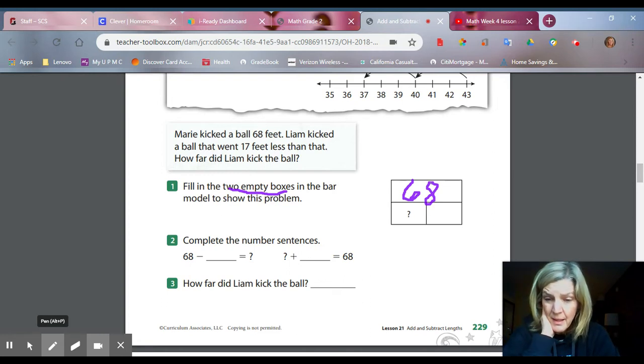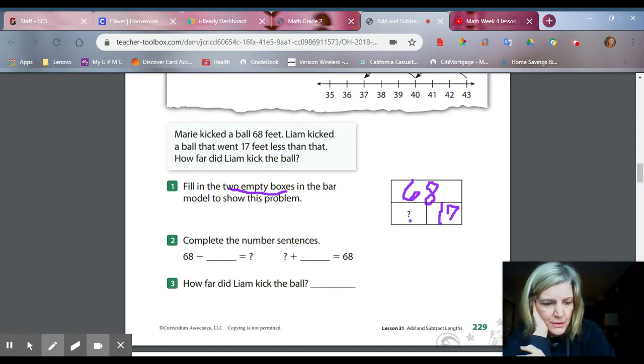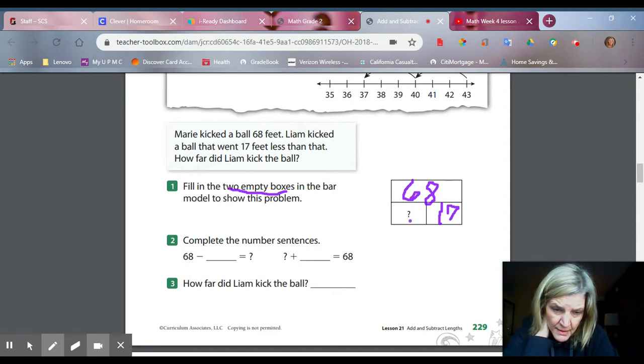Liam kicked it 17 feet less. How far did he kick the ball? That's what we don't know. That's what the question mark is for. So the bar model would show the total number of feet that Maria kicked, 68. Liam kicked it 17 feet less. And the number of feet he kicked it would be where the question mark is.